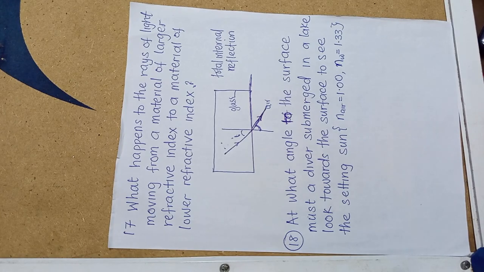Now take note, for total internal reflection to occur, there are 3 major factors. Number 1, the material must travel from a denser medium to a less dense medium. Number 2, it must travel from a higher refractive index to a lower refractive index. Number 3, Snell's law must be valid.